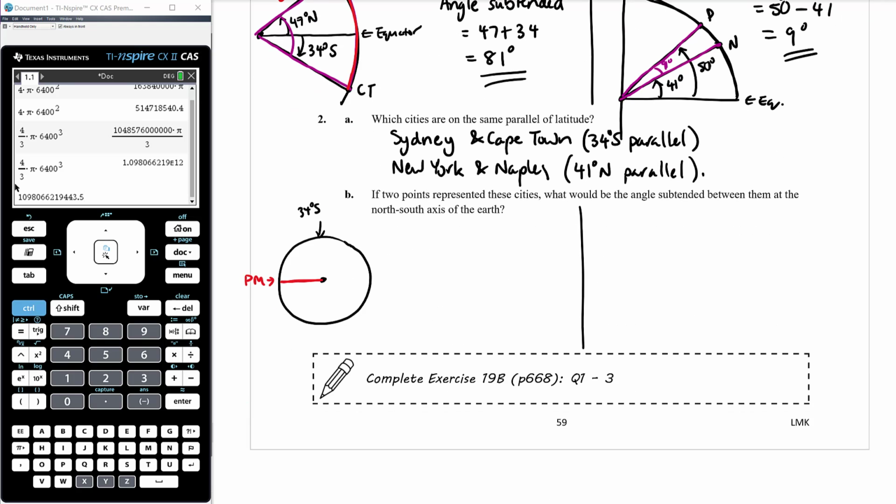Okay, so we're going to have Cape Town there, and that's 19 degrees. And then we're going to have Sydney out there, and that angle all the way around there is 151 degrees.